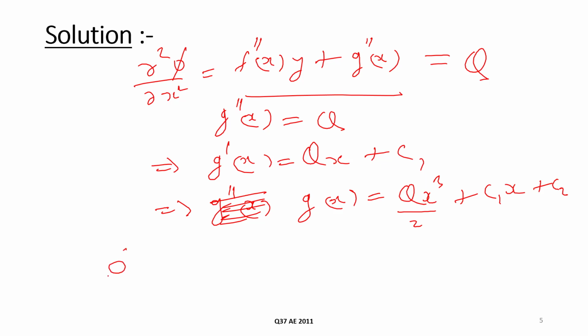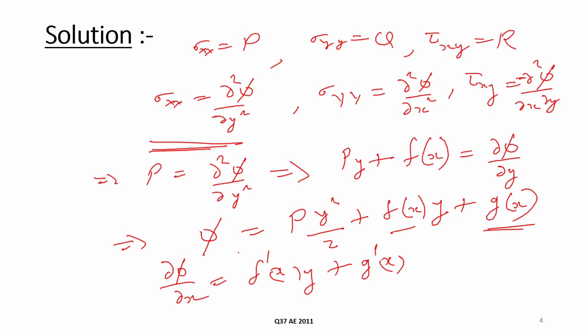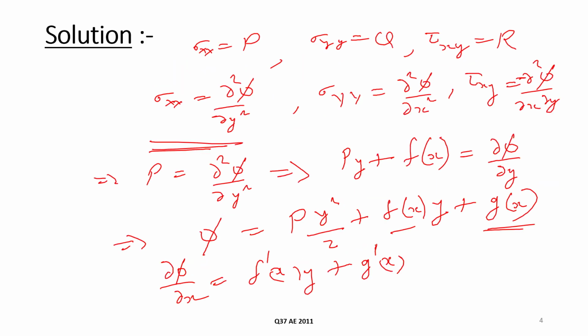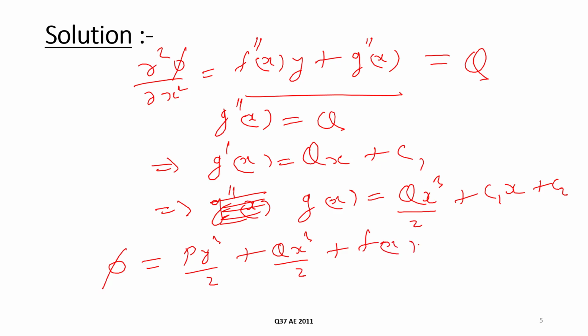So what will be our φ? φ will be py²/2 plus qx²/2 plus f(x)·y plus c1x plus c2.